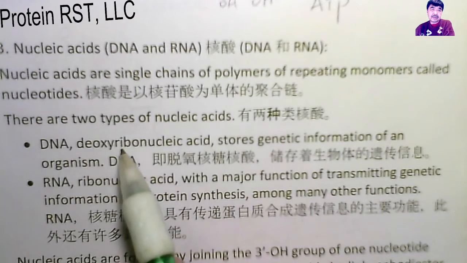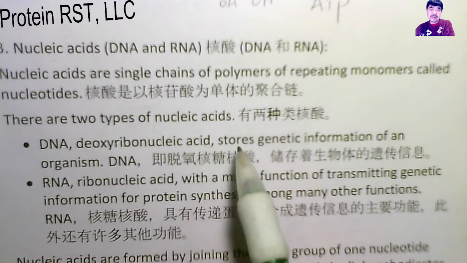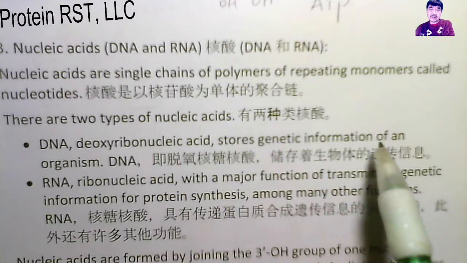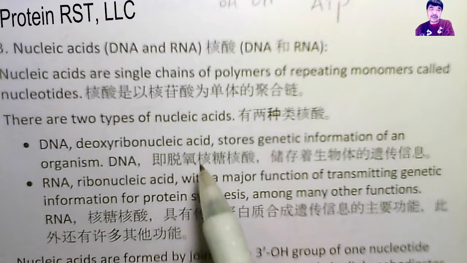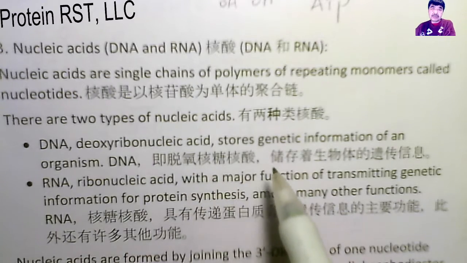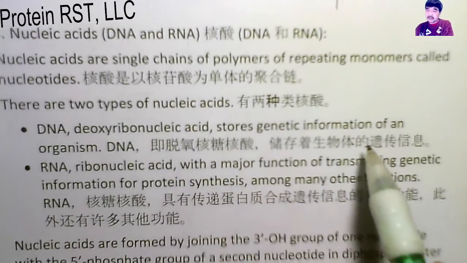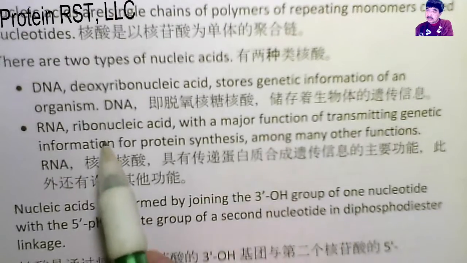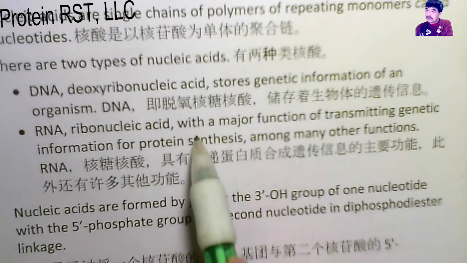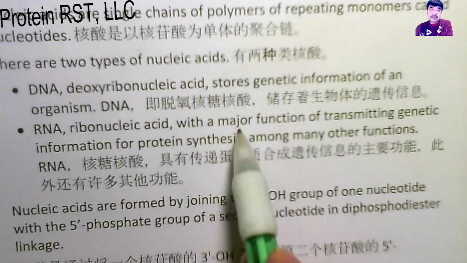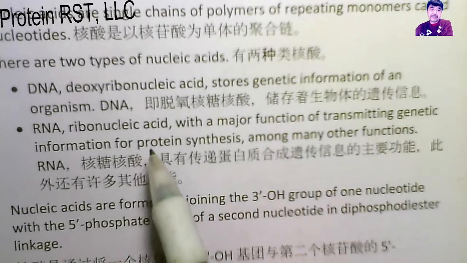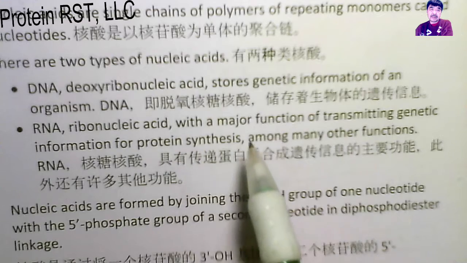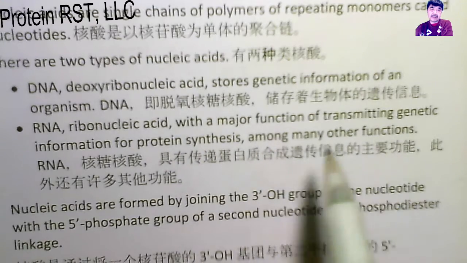DNA, deoxyribonucleic acid, stores genetic information of organisms. RNA, ribonucleic acid, has the major function of transmitting genetic information for protein synthesis, among many other functions.